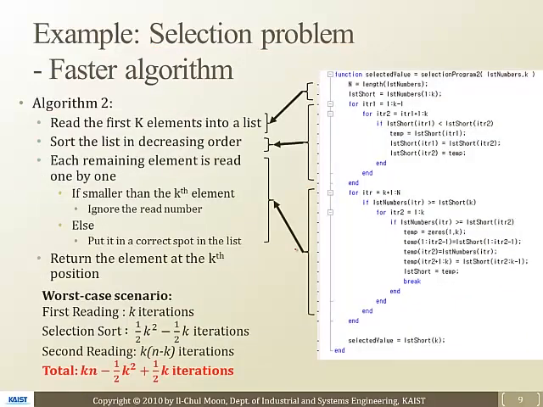And another analyst comes in and says, okay, I can find the k-th element much faster, and this is the algorithm the other analyst suggested. It's kind of long. Let's go through this algorithm step by step. Okay. So first you have to read the k number, right?